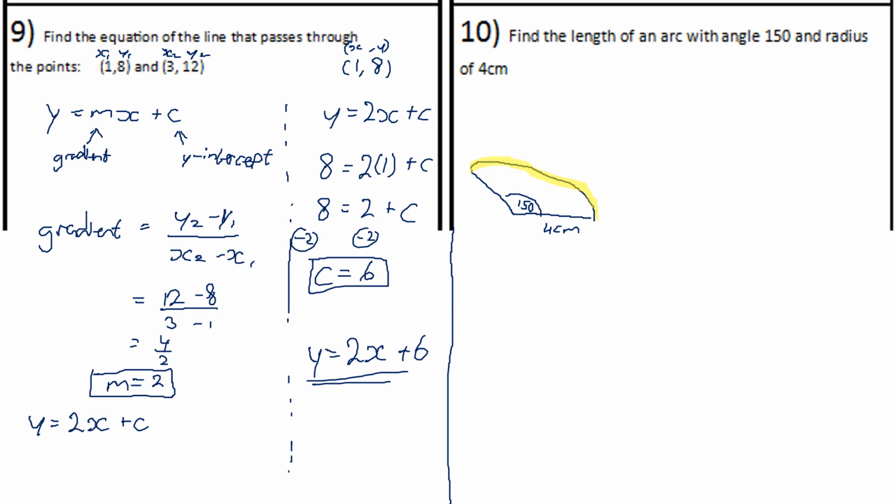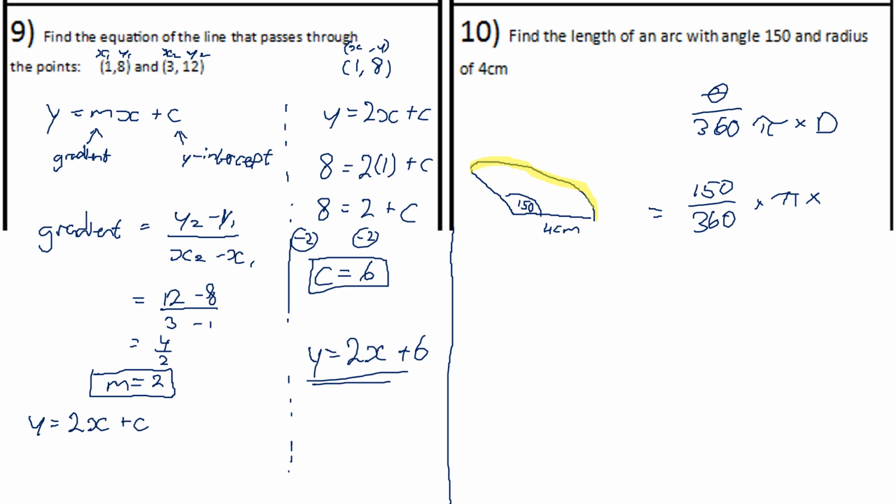Remember the circumference of a circle is pi times diameter. We're looking for a fraction of that. What fraction is it? It's 150 over 360 times pi times the diameter.